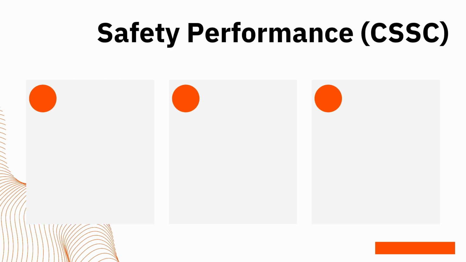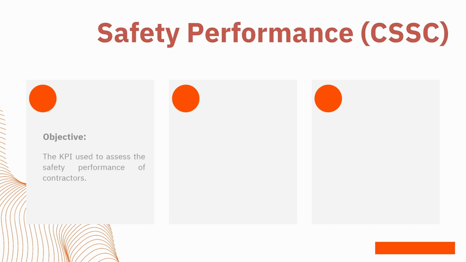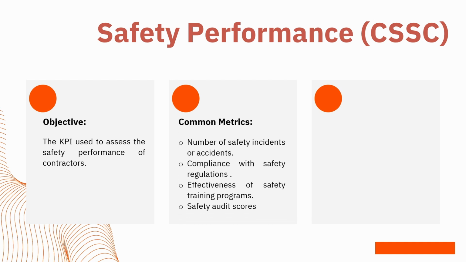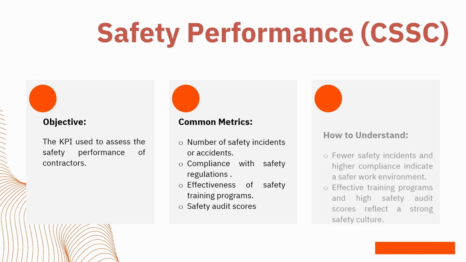Moving on to safety KPIs. Safety performance KPIs, or Contractor Safety Scorecards, CSSC, assess the safety performance of contractors. Safety performance can be measured using common metrics which include the number of safety incidents, compliance with safety regulations, effectiveness of safety training programs, and safety audit scores.